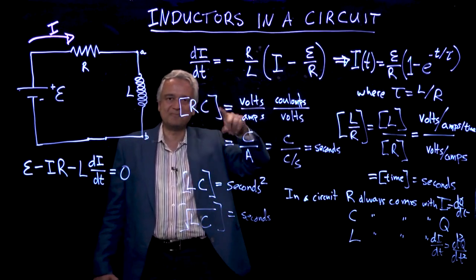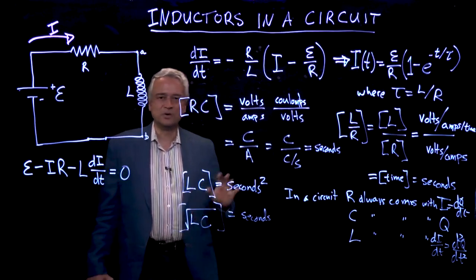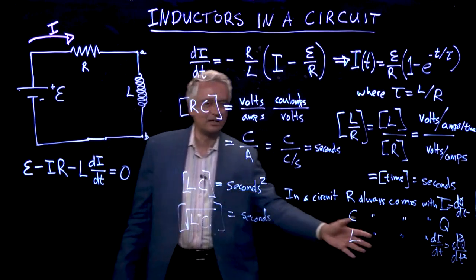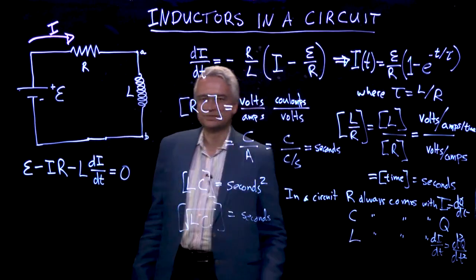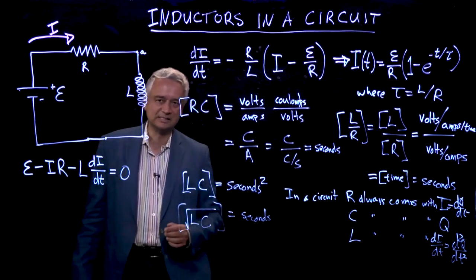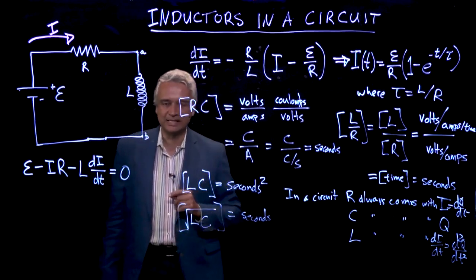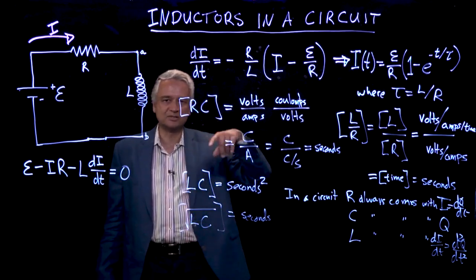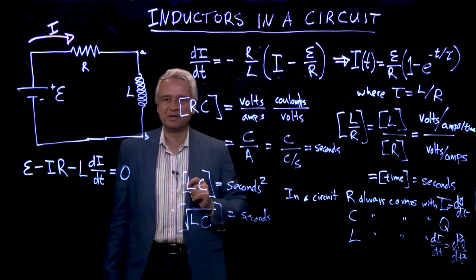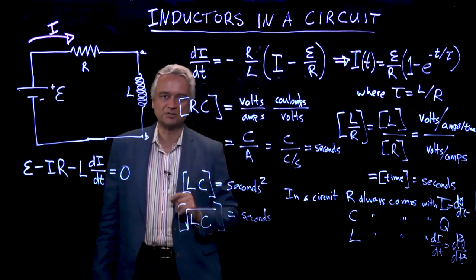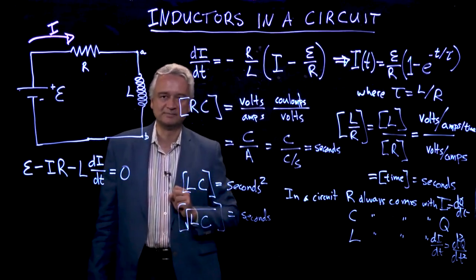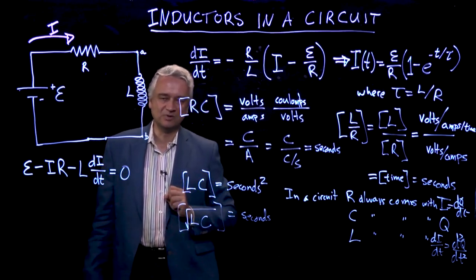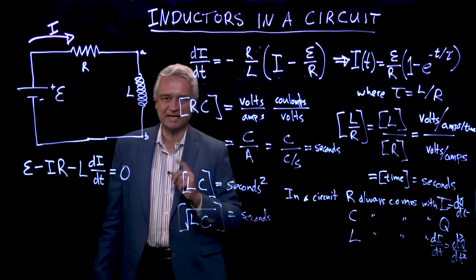Things that oscillate have periods. So just from these considerations and dimensional analysis, my guess is that when we analyze an LC circuit, we're going to find oscillatory behavior with a period that is proportional to the square root of LC. And we'll see a few videos from now that that guess is in fact correct.